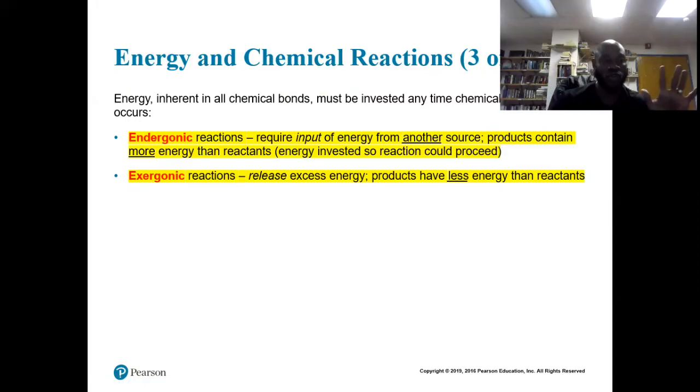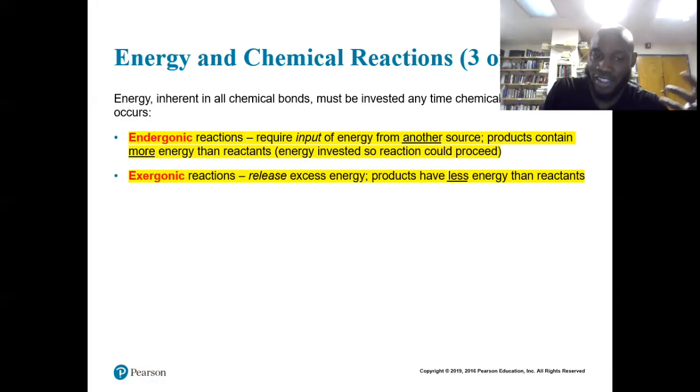So you have the reactant, maybe one or two things, and to get to the product, it releases energy. That's an exergonic reaction. So think of energy as escaping, exiting the reaction. All right, so you have endergonic, requires input of energy. Exergonic, energy is released.